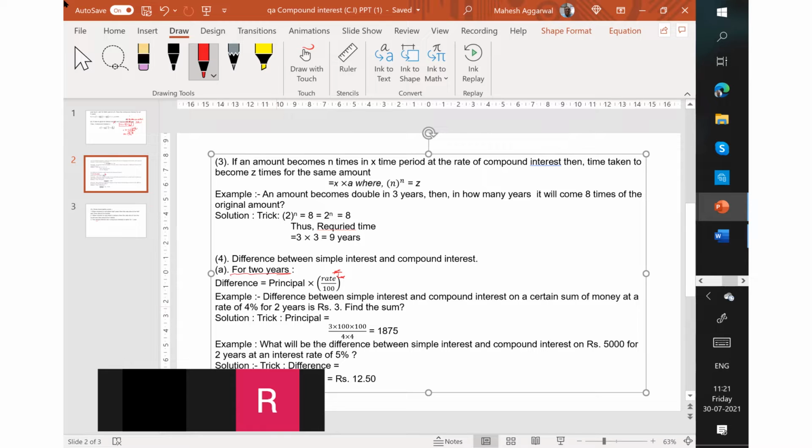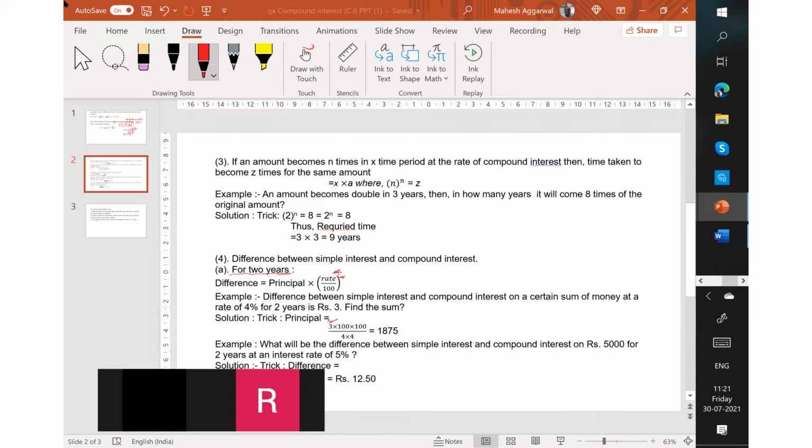This is the difference, ₹3, divided by (4 by 100) square. This is rate by 100 square. So we will divide this by rate by 100 square. This will be 4 by 100 into 4 by 100. So this is what you will get finally. And when you simplify this, you will get this. And this is your answer. Your sum is 1875. Okay.